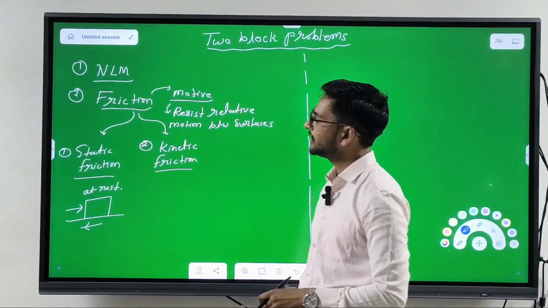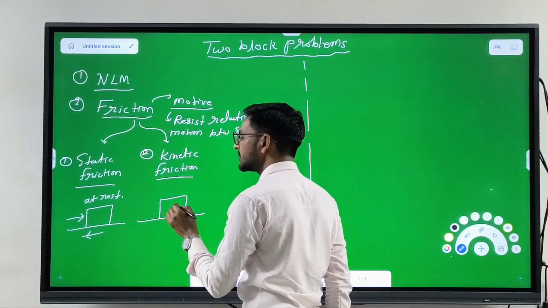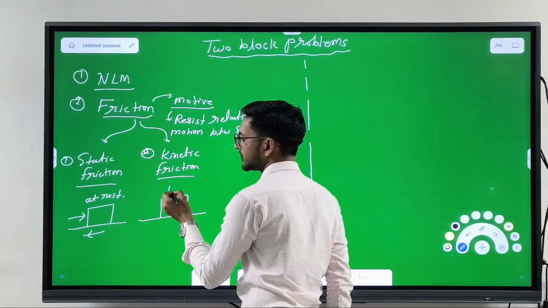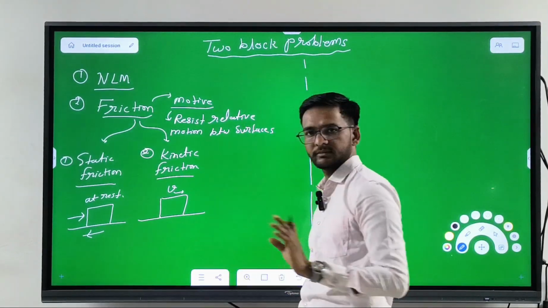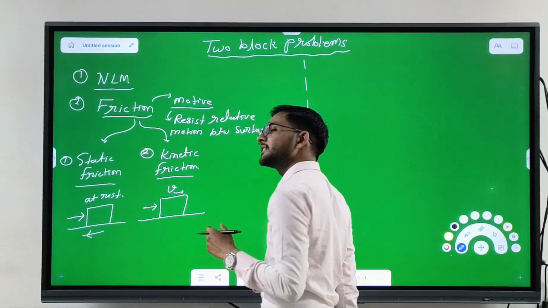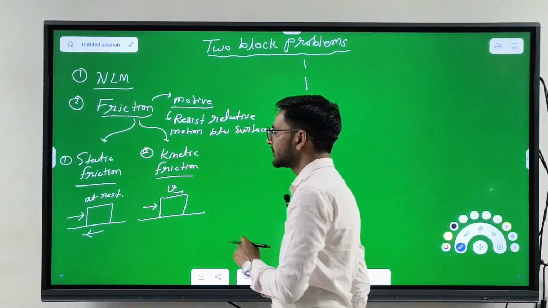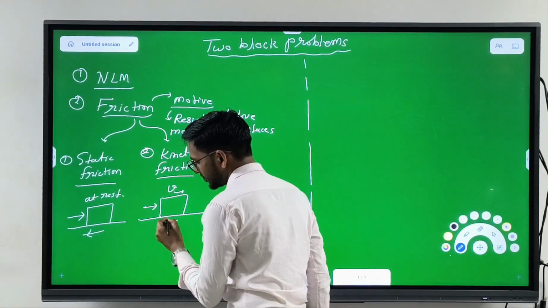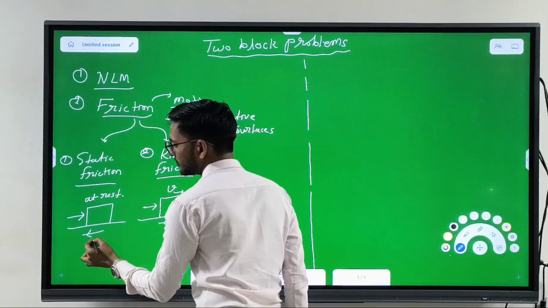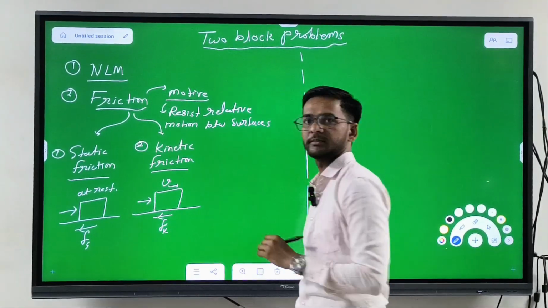In kinetic friction, the block is moving on the surface with some speed v. We are pushing it, but friction is trying to stop it. So this friction is called static friction and this friction is called kinetic friction.